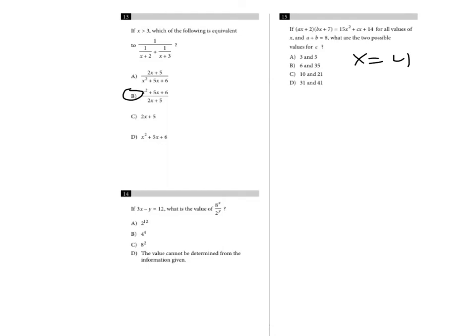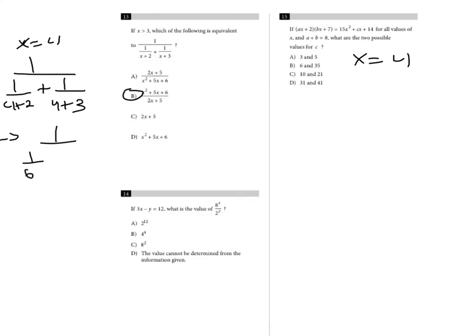If I plug in x equals 4 to my original equation, I'll have 1 over 4 plus 2 plus 1 over 4 plus 3. That is now 1 over 6 plus 1 over 7. So same concept as we did before, add the two fractions.